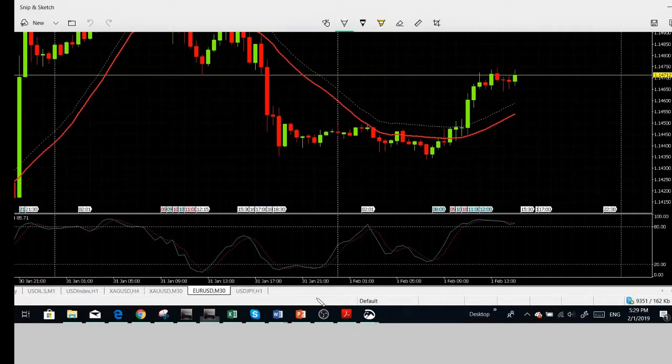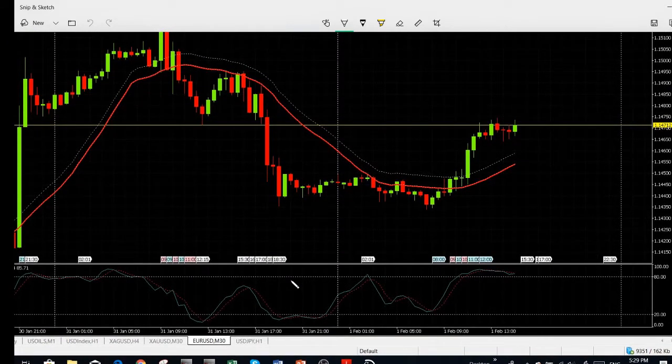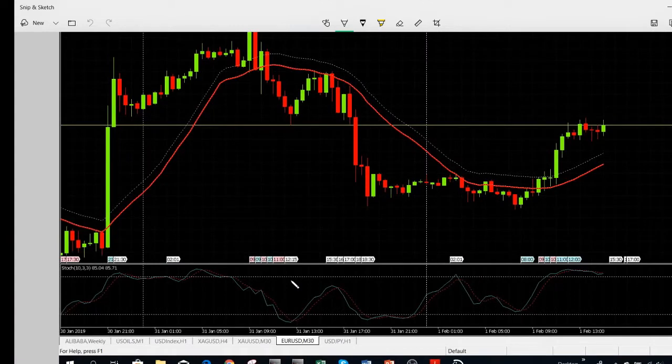Oh, what's happened? Okay, you can see here the stochastic oscillator shows you the sell signal, right? But the trend is up. I mean, it's above the MA, moving average. So you shouldn't go for the sell signal here, even though it shows you the sell signal.